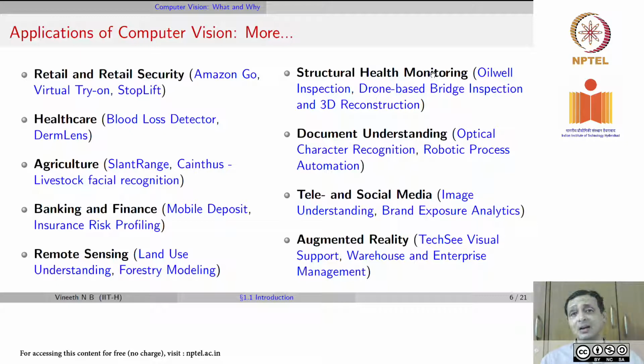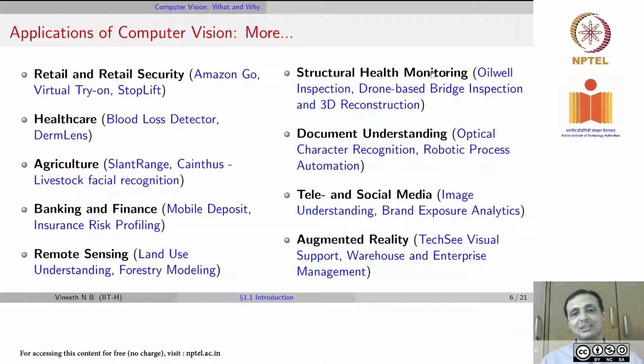Document understanding. Optical character recognition is one of the oldest successes of computer vision. In fact, one of the oldest products that computer vision has delivered to the world. Robotic process automation for document understanding. You can click on these links to understand what each of these terms mean. Telecom and social media, image understanding, brand exposure analytics, augmented reality, to be able to do visual support or warehouse and enterprise management, and so on and so forth.